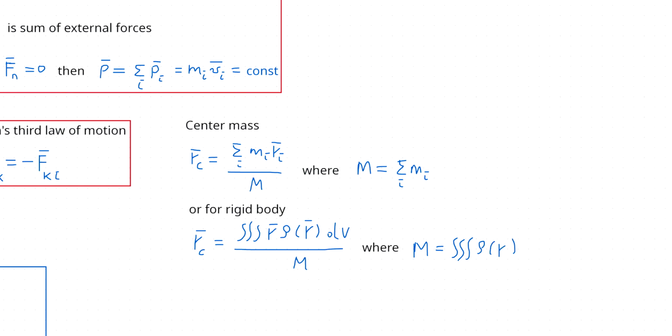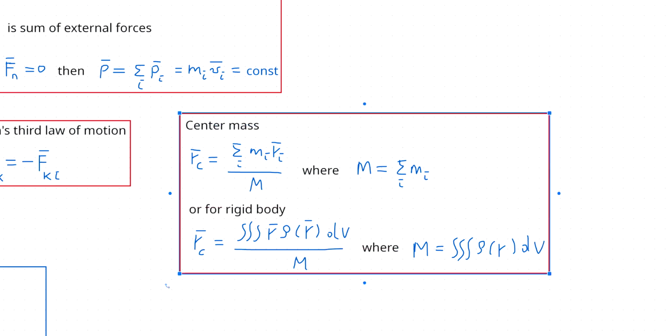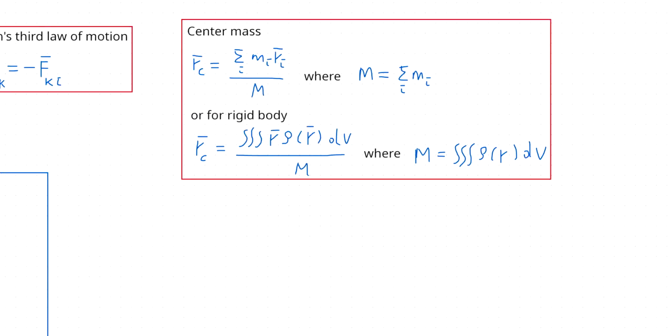Remember that rho is density. And this is the definition of the center of mass. What is special about the center of mass?